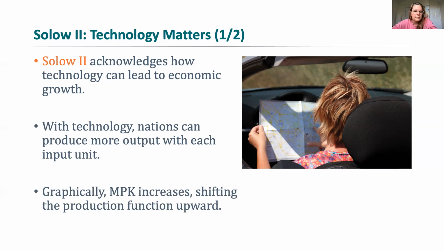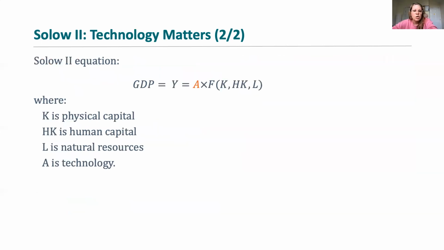Graphically, this essentially increases your marginal product of capital, shifting the production function upward. In our new equation, we have our original production function where output was a function of physical capital, human capital, and natural resources. And now we're going to take into account this multiplier effect of technology. New technology allows us to produce a higher level of output at any level of capital, right?